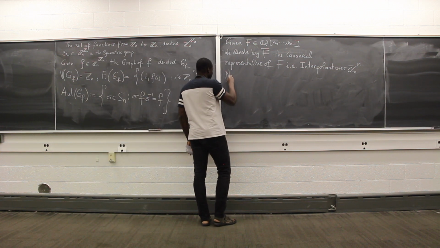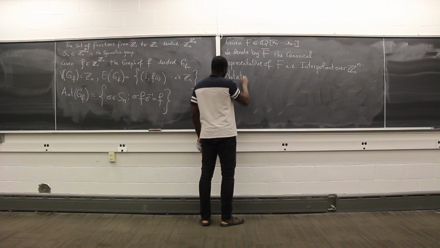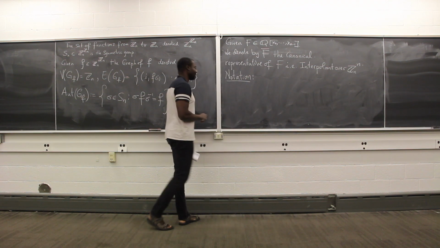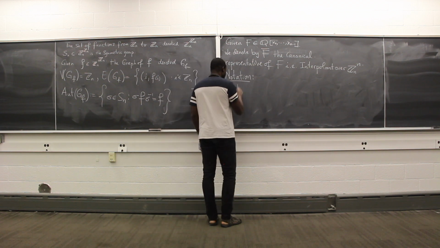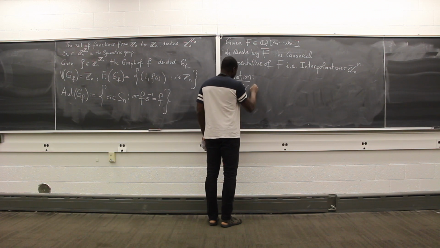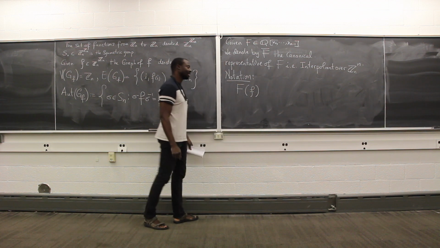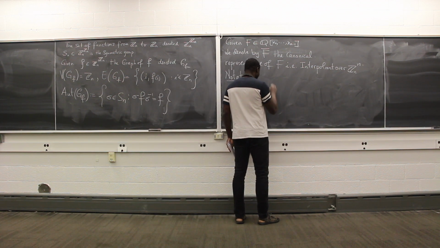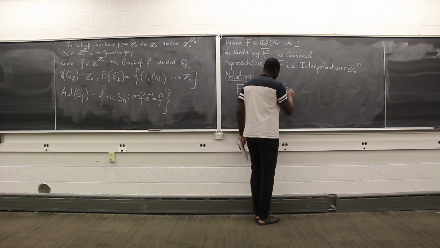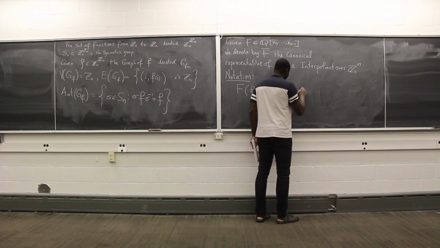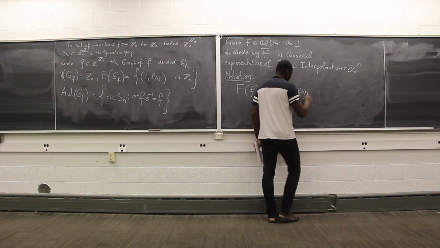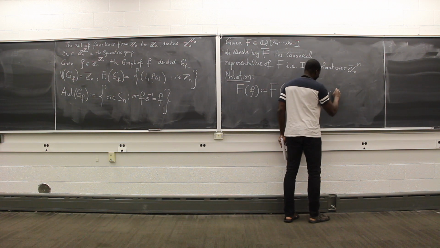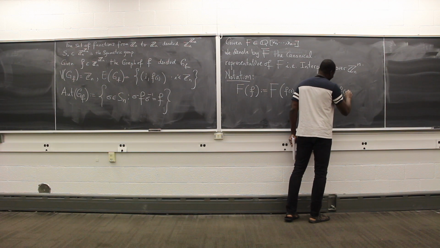Notation convention. When I write f evaluated at this, what this means is that I'm computing f at f0, f1, dot dot dot, fi, dot dot dot, fn minus 1.